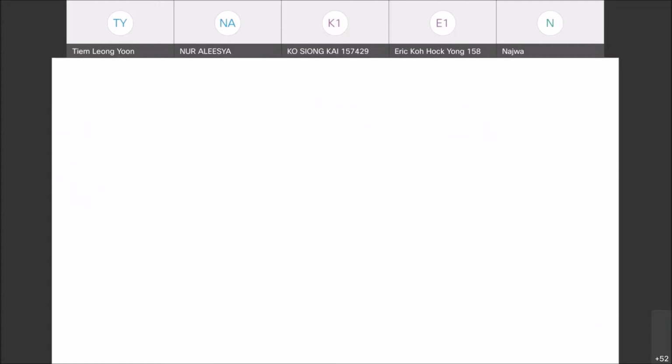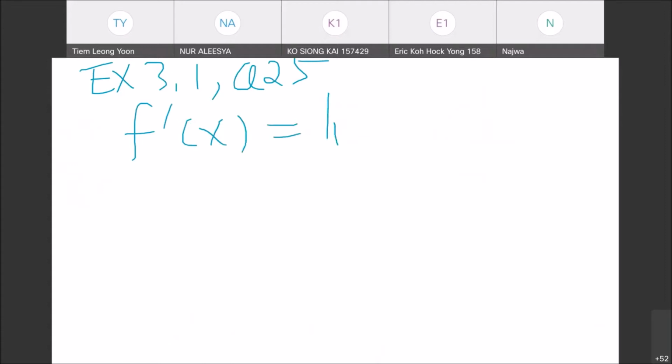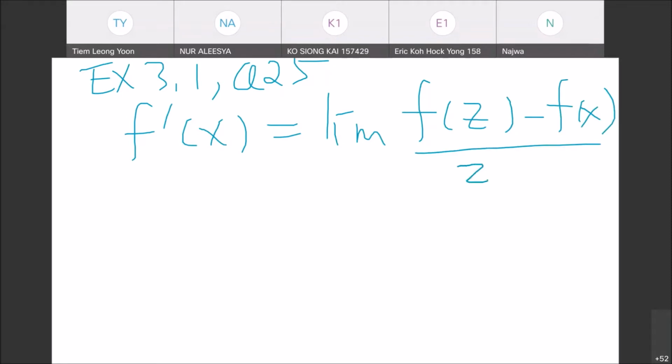Okay, so exercise 3.1, question 25. The derivative by definition at the point x is given by the limit where the function is evaluated at a point z, minus the value at point x, divided by the gap between z and x, and then you let z go very close to x.